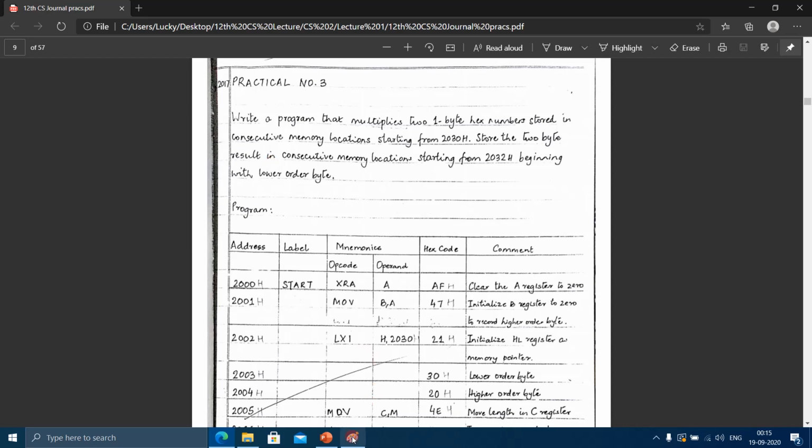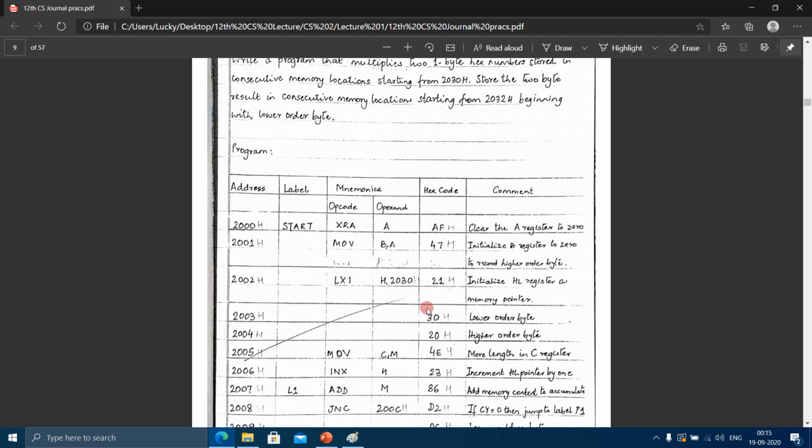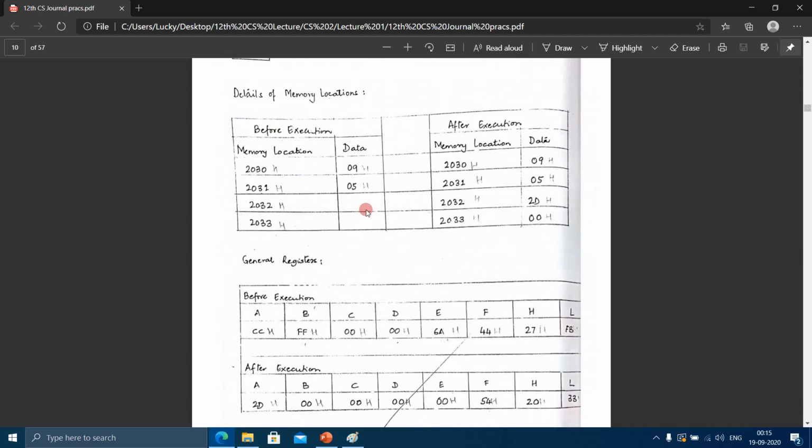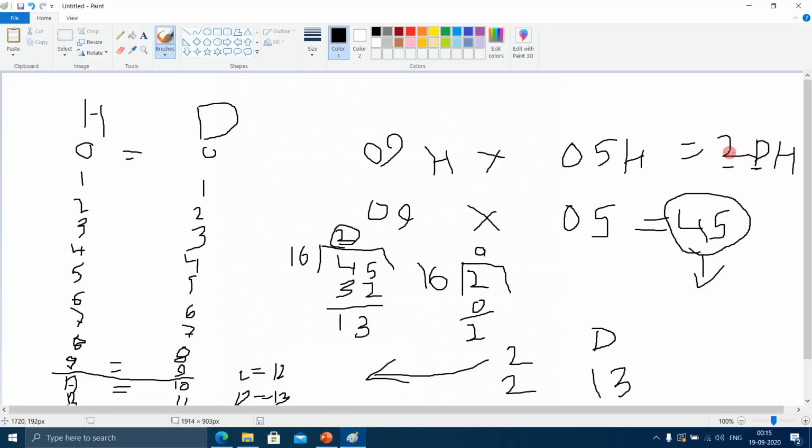The example we have taken gives only 1 byte, but sometimes we can get 2 bytes also. If it is 1 byte, we will add 00 before it, so it becomes a 2-byte result.